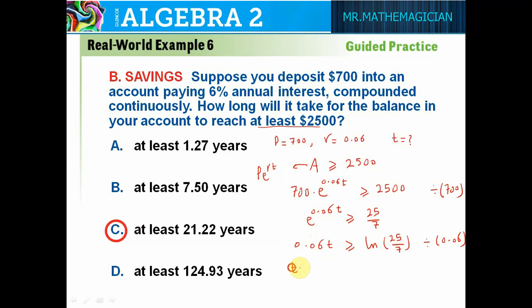This will give you t should be greater than or equal to ln 25/7 all over 0.06, and use your calculator to find out that t should be greater than or equal to 21.22 years. So C is the accurate choice.